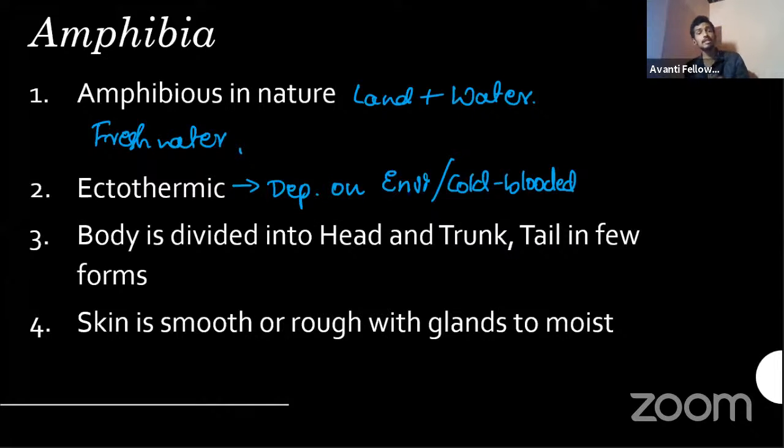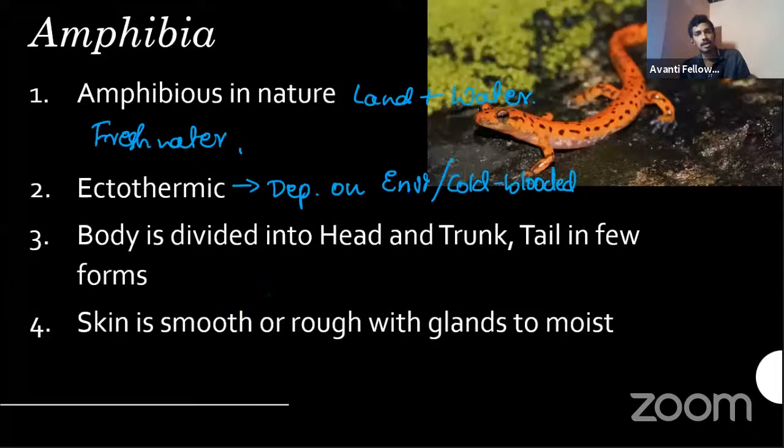So you can differentiate Amphibia into tailed forms and tailless forms. Tailed forms normally live more in the water, and tailless forms more towards the land.